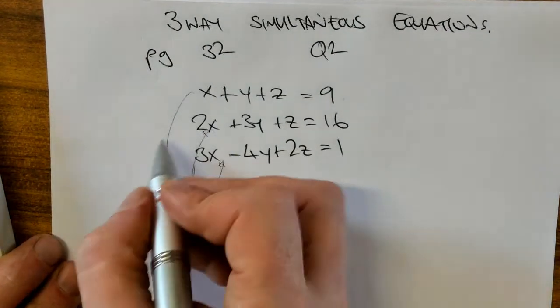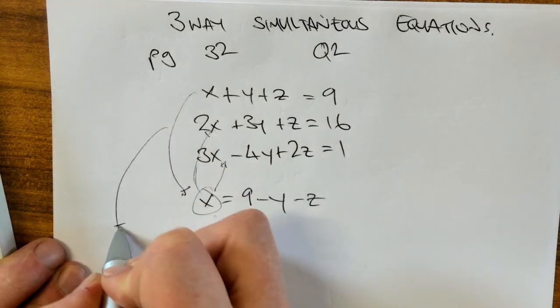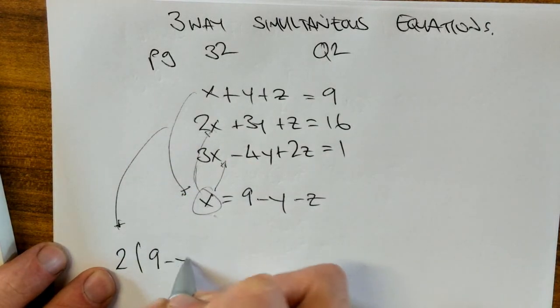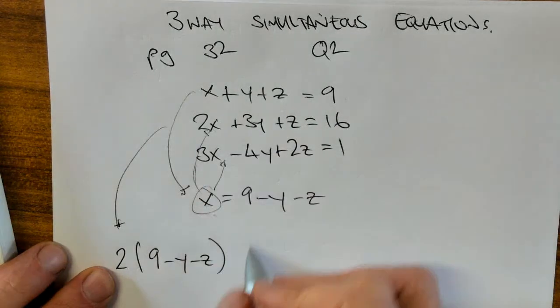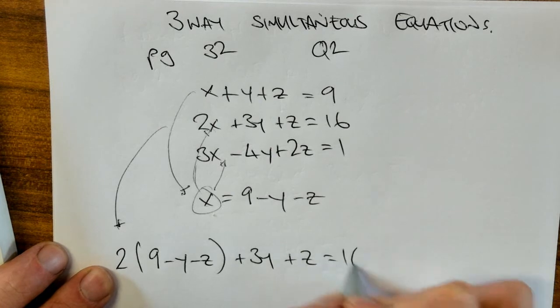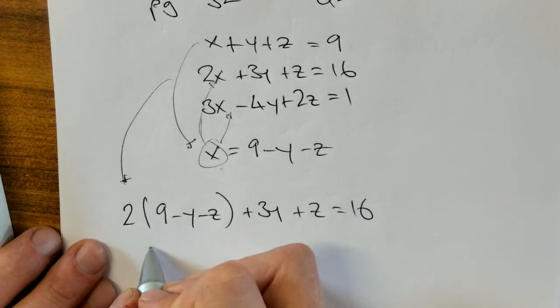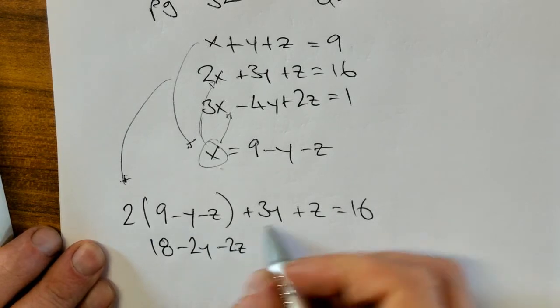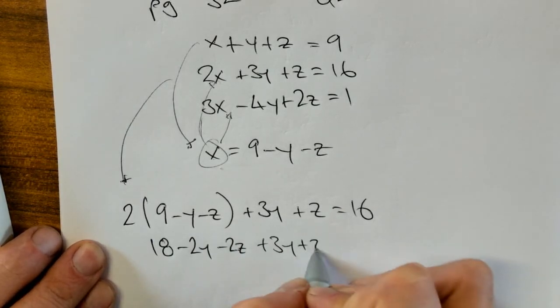So in our first equation, instead of x, we put in 9 minus y minus z, and then I still have the rest, plus 3y plus z is equal to 16. So I multiply out the brackets: 18 minus 2y minus 2z, plus 3y plus z is equal to 16.